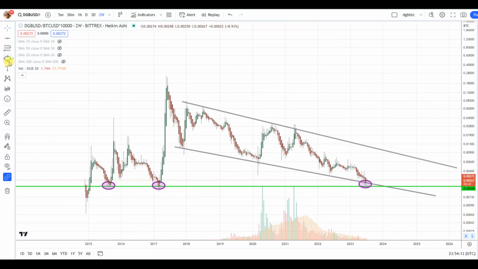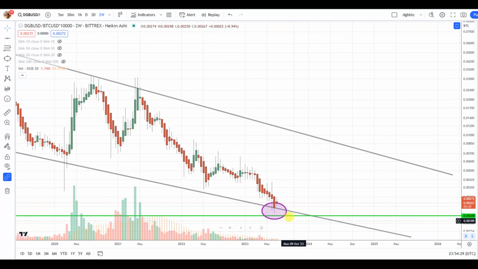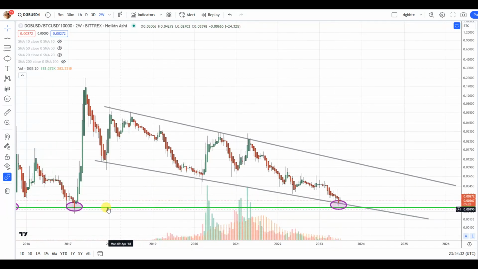But the thing that I really wanted to point out here is look at these purple circles. These are historic lows here that when we have hit this Satoshi value down here, when we've reached this relativity value down here, strong bounce. We reached the bottom down here, strong bounce. We have not touched this level since 2017, where we saw a monumental jump in the value of Digibyte USD. We have since basically touched this level.